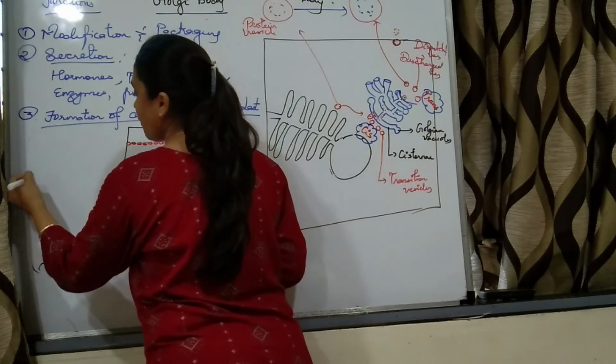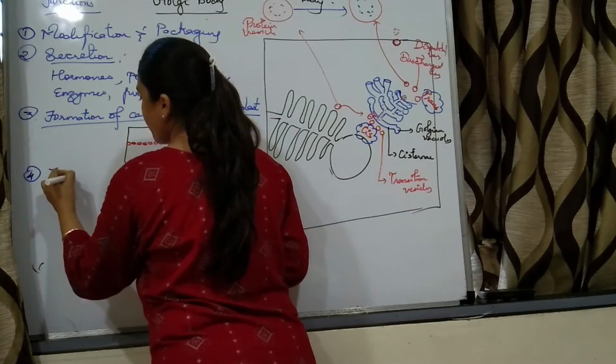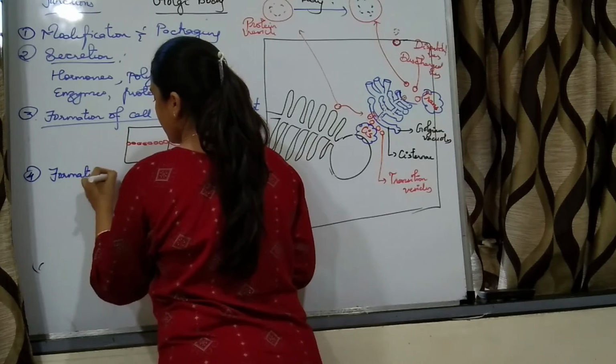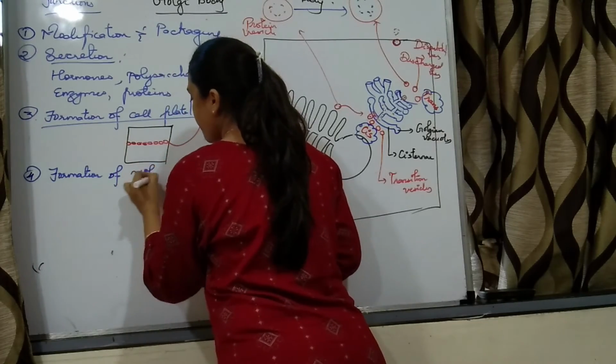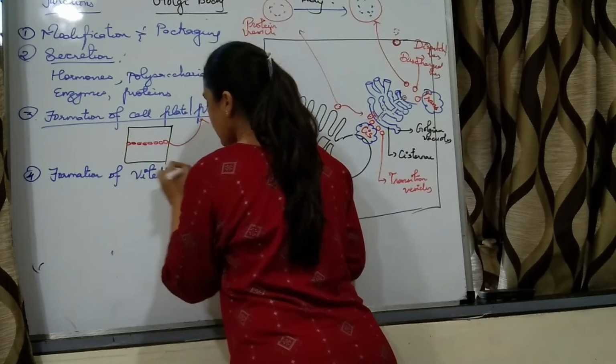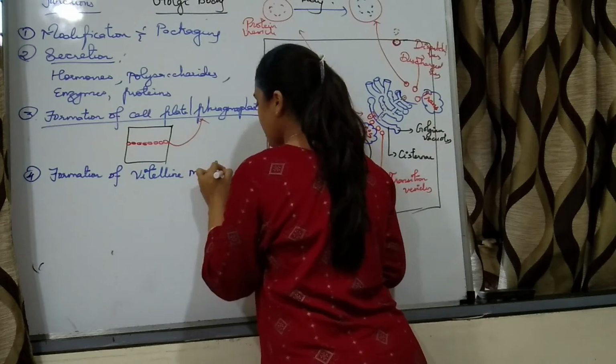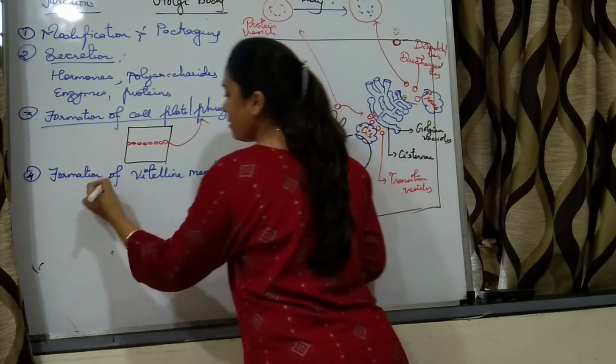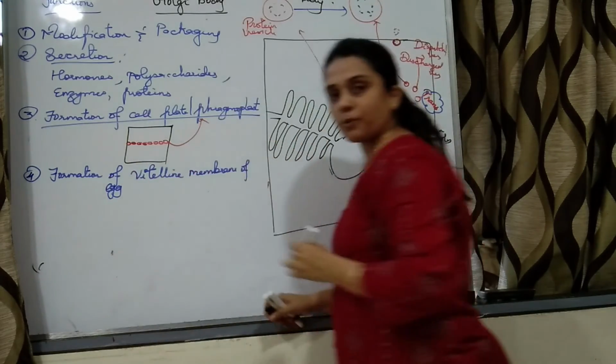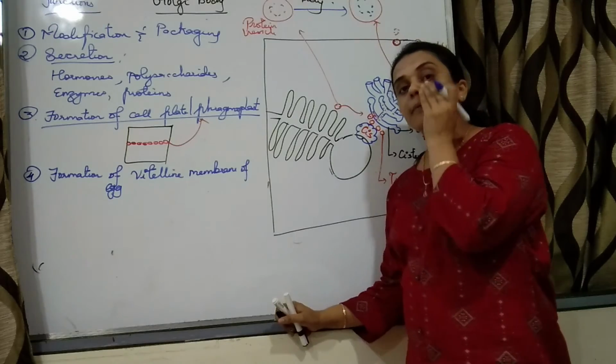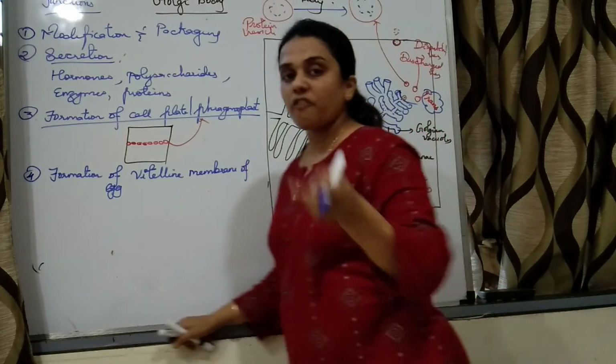Then the fourth function is formation of the vitelline membrane of the egg. You will study this in the reproductive system: the ovum is surrounded by a membrane.